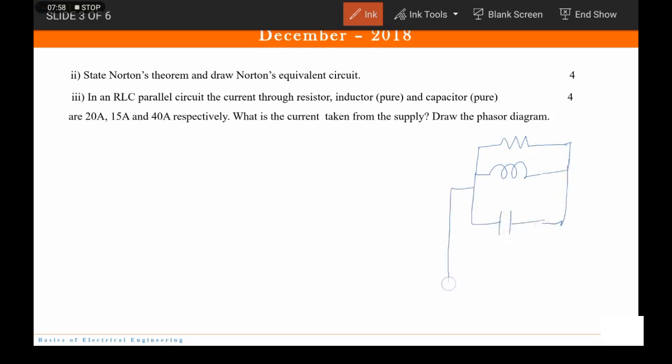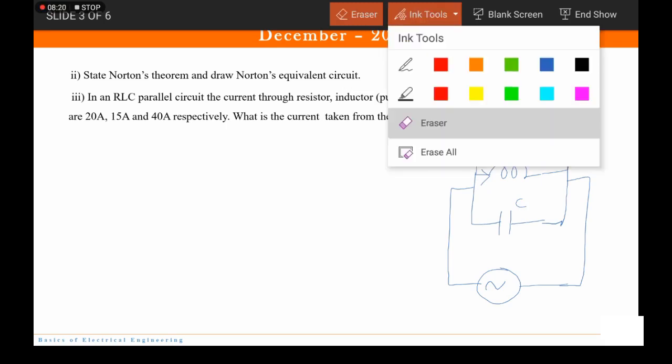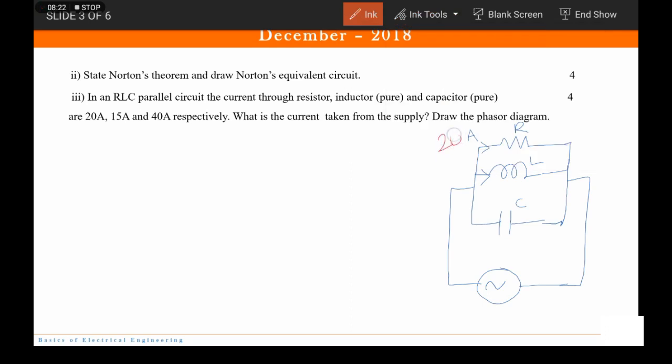It has been given an AC input. Now the values are not specified. Here it is 15 amperes. This is R, L and C. The first current is 20 amperes, here it is 15 amperes, and the third current is 40 amperes.